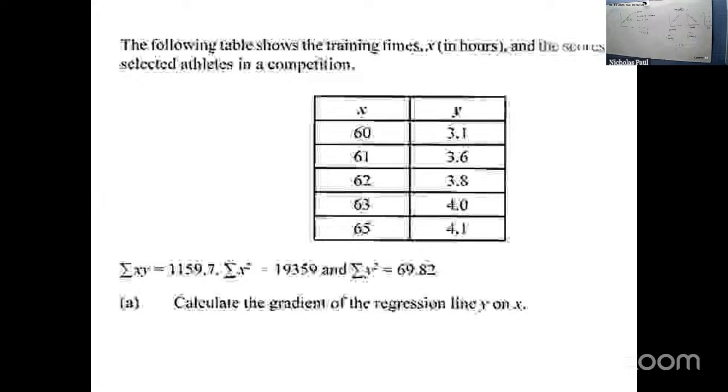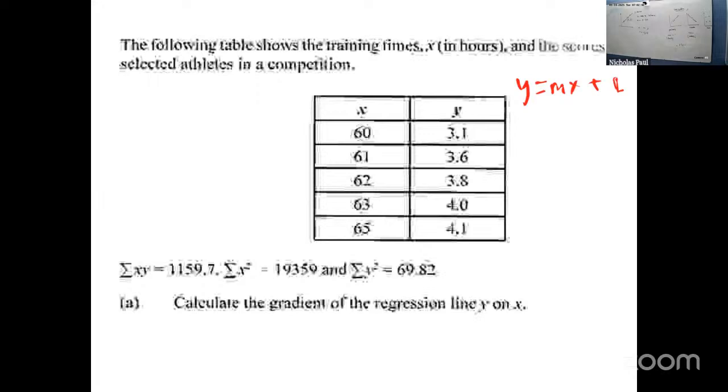What do you really want to find? When they say find the gradient, what do you think they mean? Find the straight line. All they want you to do when they say find the gradient, remember equations of the form y is mx plus c.